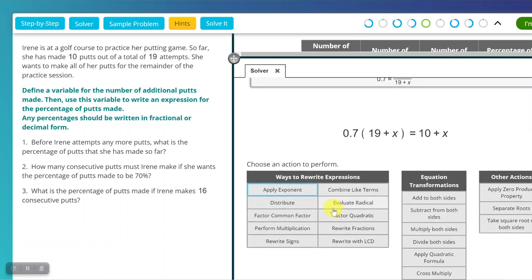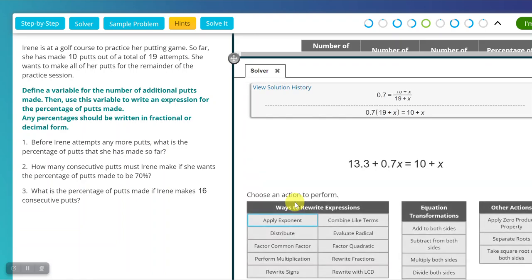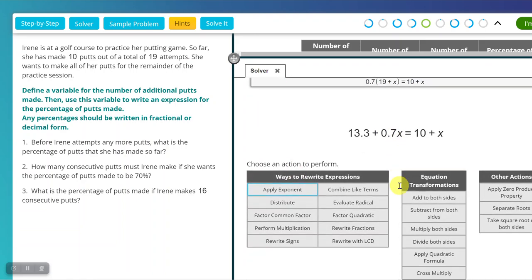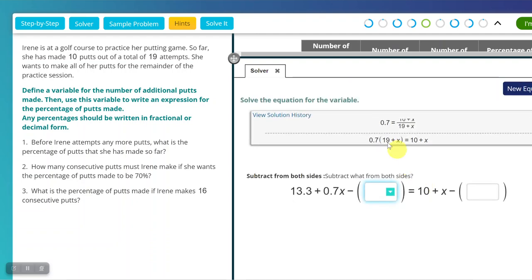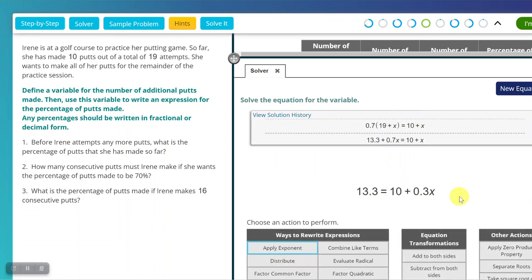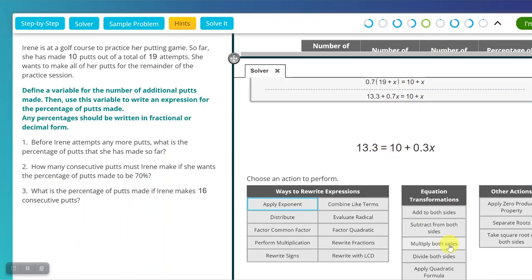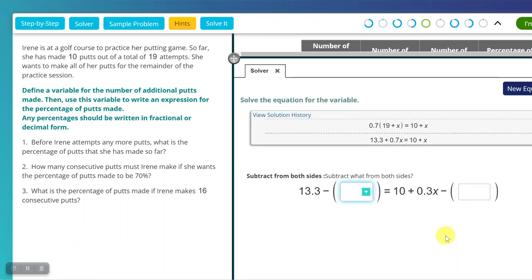Then we're going to distribute. It distributed, it's so convenient. Let's subtract 0.7x from both sides, so we can get our x's onto the same side. Then I'm going to move this 10 to the other side. I'm going to need to subtract 10.